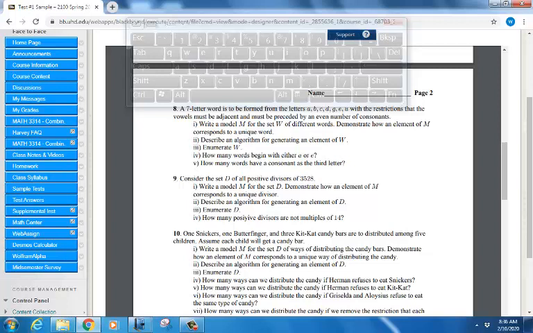But it's going to ask it in a kind of roundabout way. It's going to say, design a model for this set W of words that we're trying to count. It's going to ask you to build some model that corresponds to the set of words.